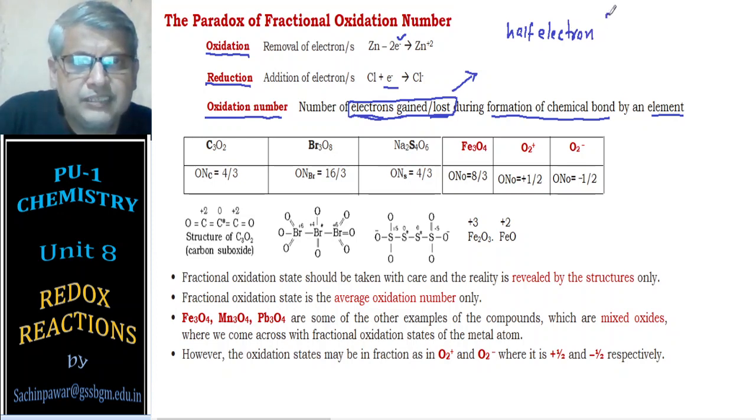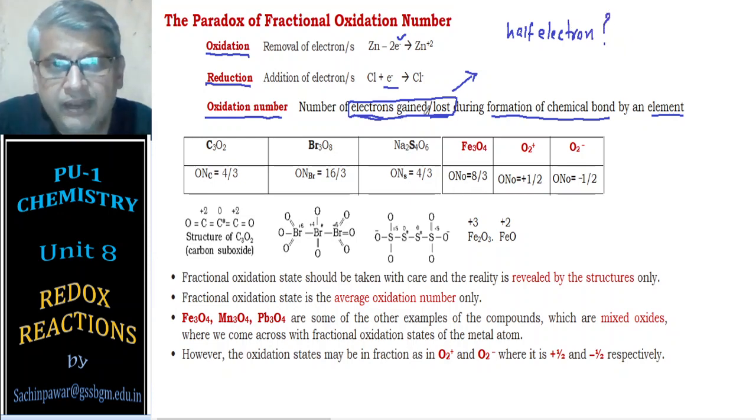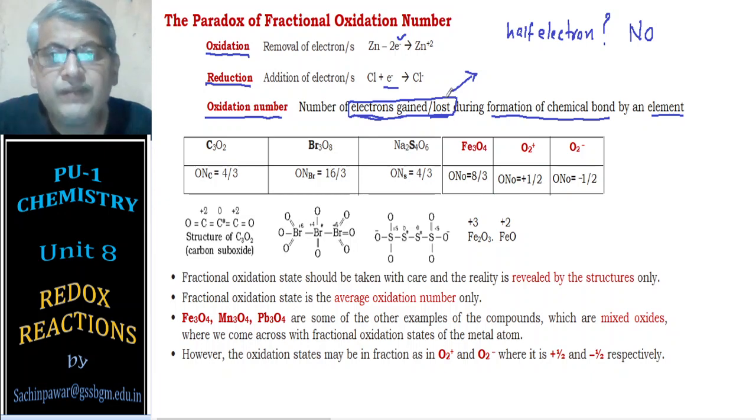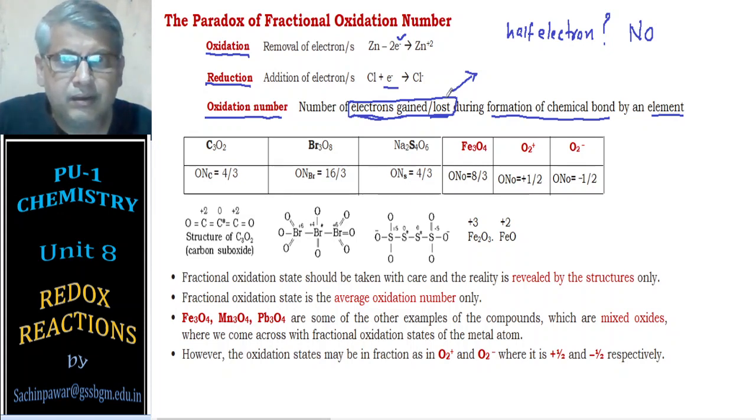Is it possible to gain or lose half an electron? The answer is no. Either there will be complete loss of electrons or complete gain of electrons, maybe 1, 2, 3, 4, 5, and so on, in full digits.